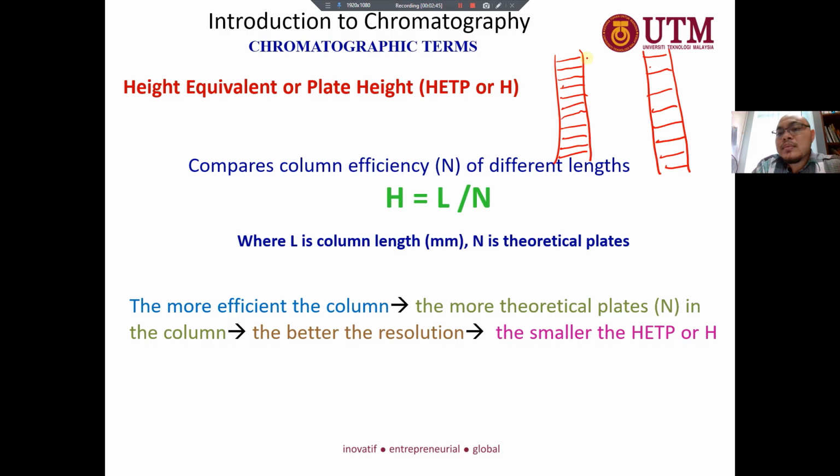Okay, if you look here, the number of plates is 1, 2, 3, 4, 5, 6, 7, 8, 9, 10, 11. You have 11 N. Compared to this column of the same length, you have 1, 2, 3, 4, 5, 6, 7, 8. 8 N. So this column is much more efficient compared to this column.